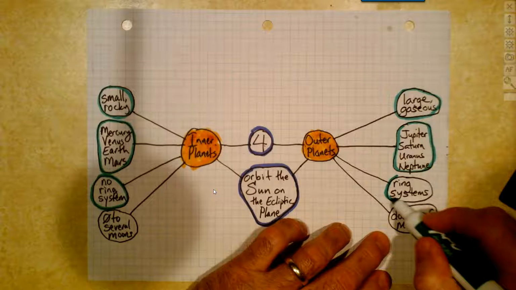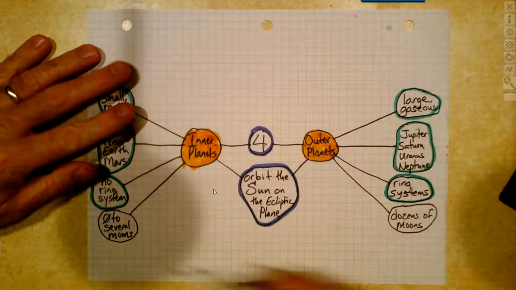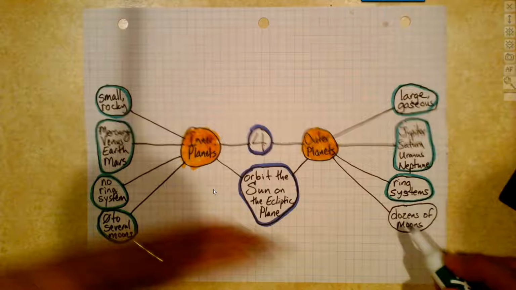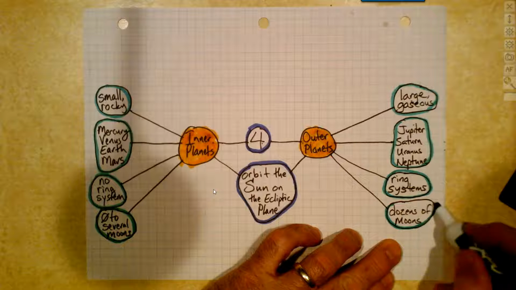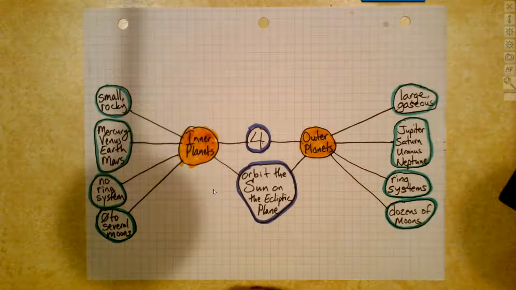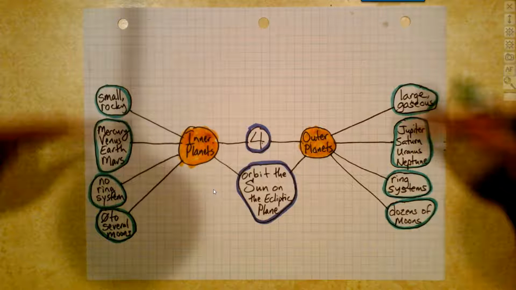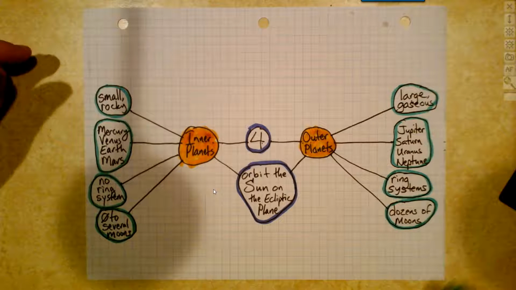So you can use this in any class where you have things that have to be compared and contrasted. And like I said, it's much more structured than a Venn diagram. There's plenty of room in the middle for a set of common facts, and there's about the same amount of room on the outside for the differences.